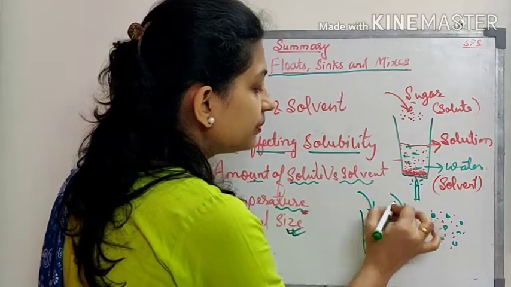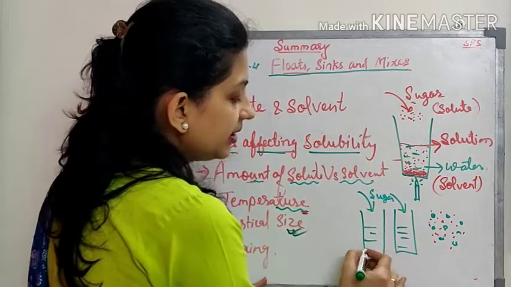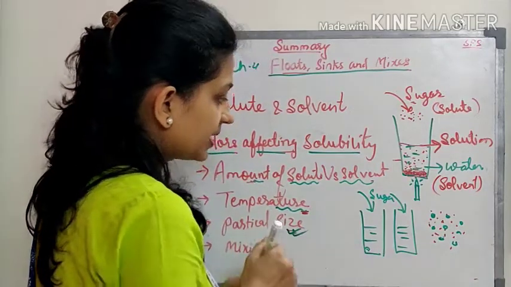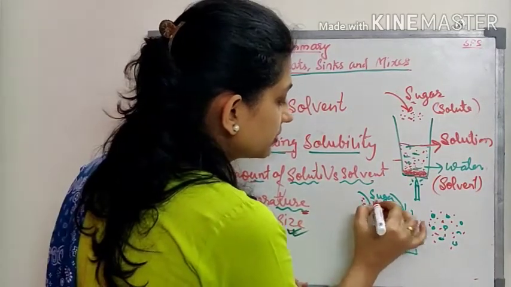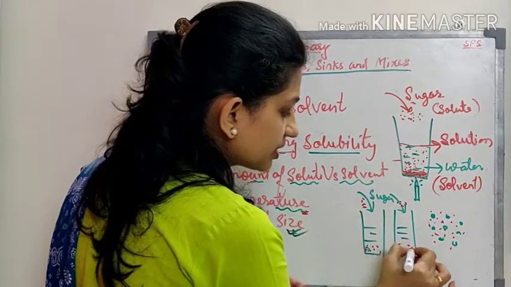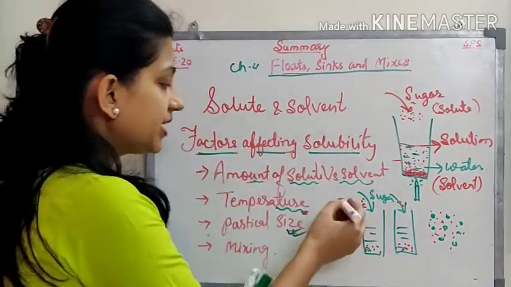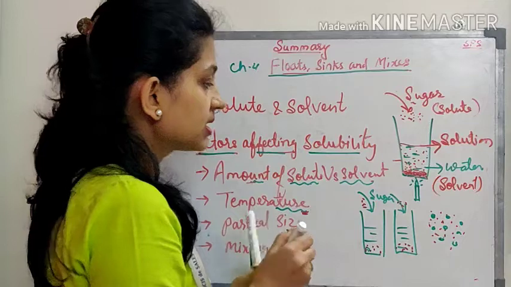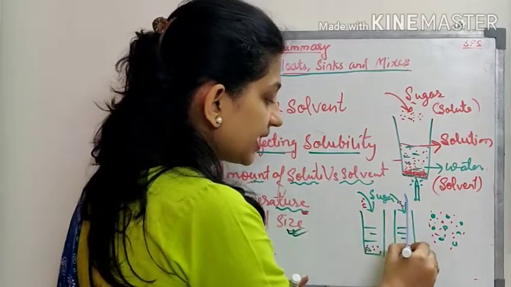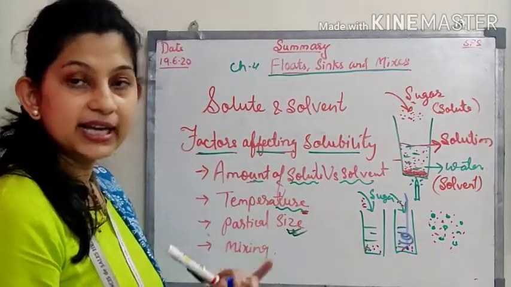In both of them I added sugar, and the sugar immediately comes to the bottom. Now, in the second one, I use a stick to mix it, and in the first one, I left it.